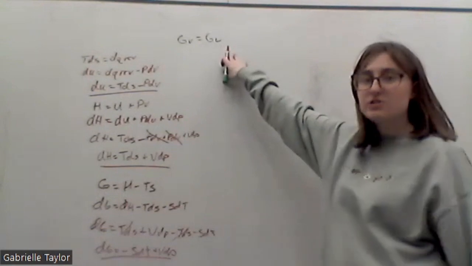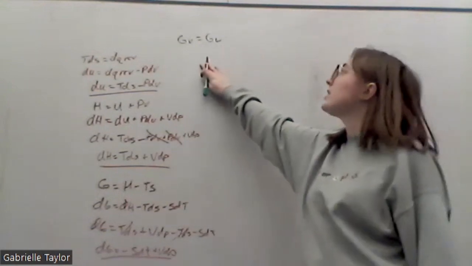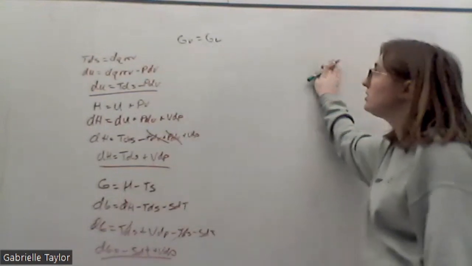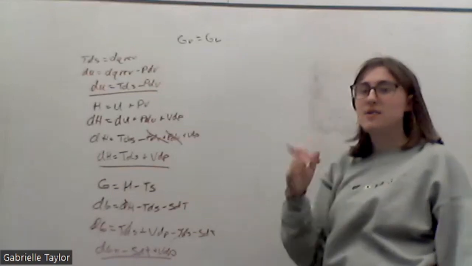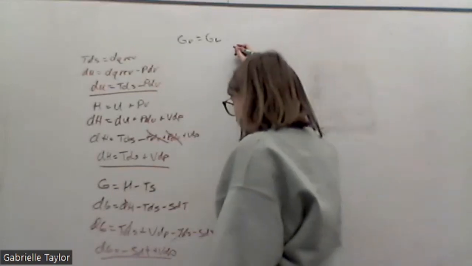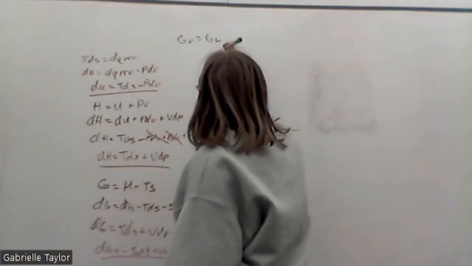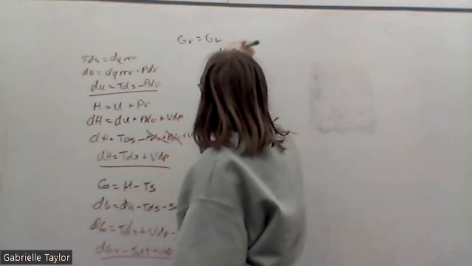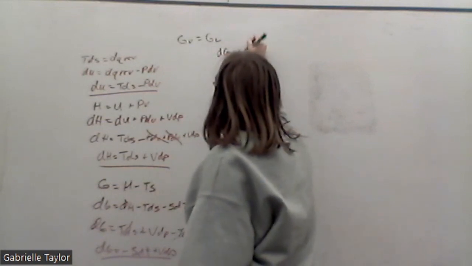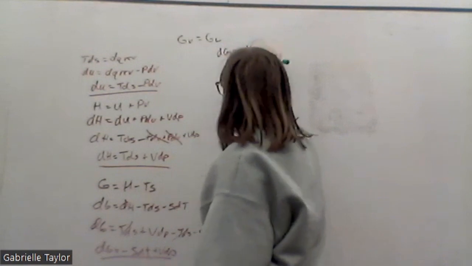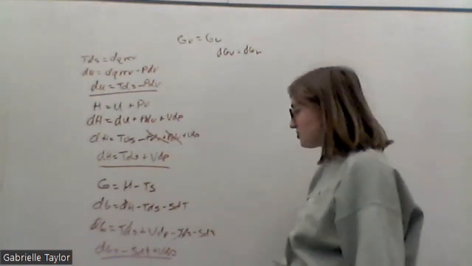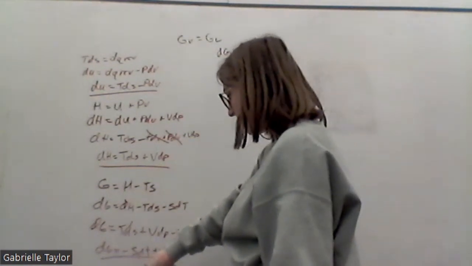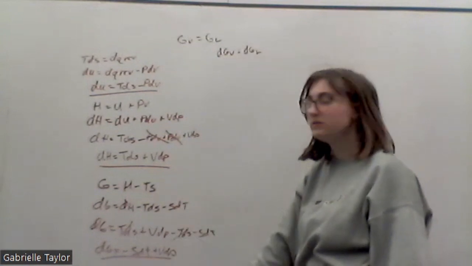So if we take the derivative of what we just found, that our Gibbs energy of the liquid equals our Gibbs energy of the vapor, this can help us. So we have dG_V equals dG_L. Okay, so now let's bring in the equation that we just derived down here.